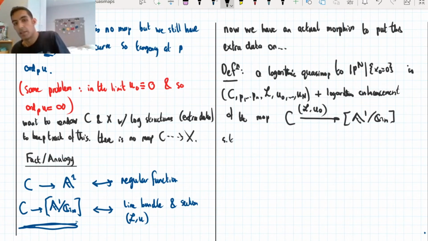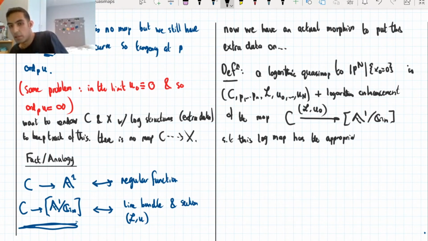And then such that this log map has the appropriate tangency.